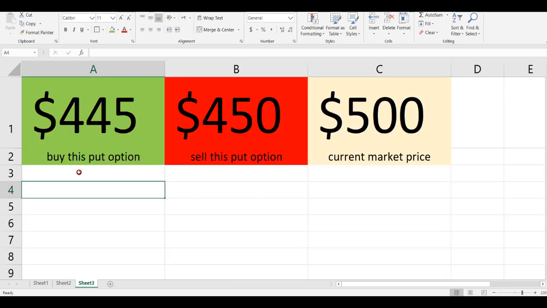So a put credit spread is the combination of selling a put option and buying a put option at a different strike, but within the same expiration.